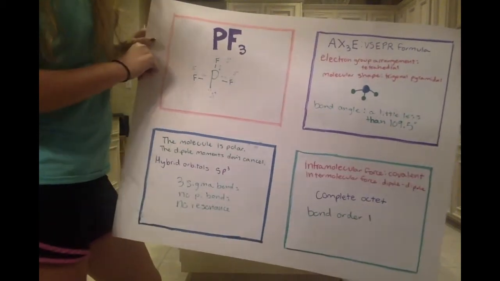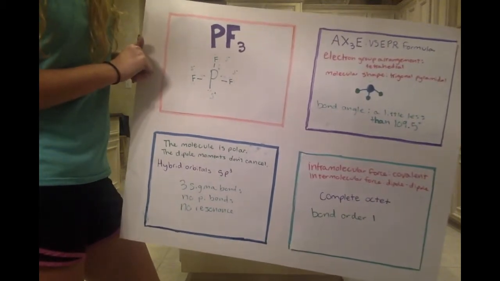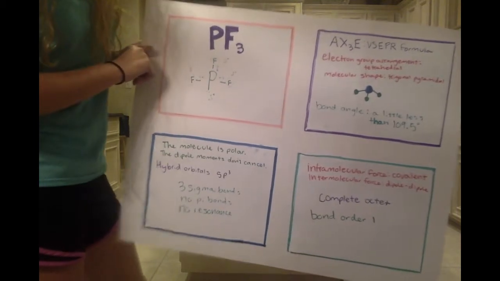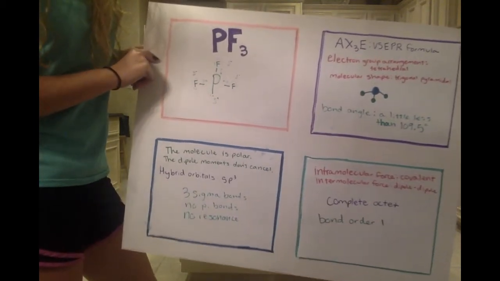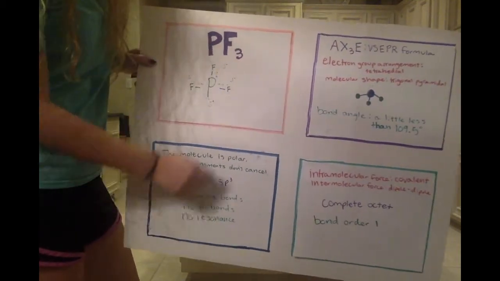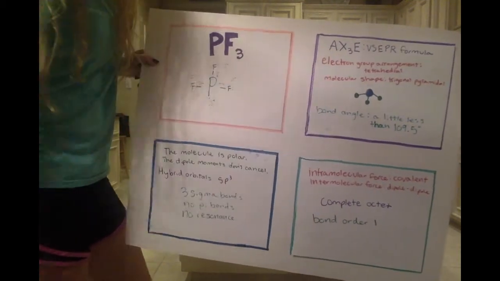And the electron group arrangement is tetrahedral, which is the general shape. And the molecular shape is trigonal pyramidal, which is the more specific shape. And here's just a picture of what the specific shape looks like.